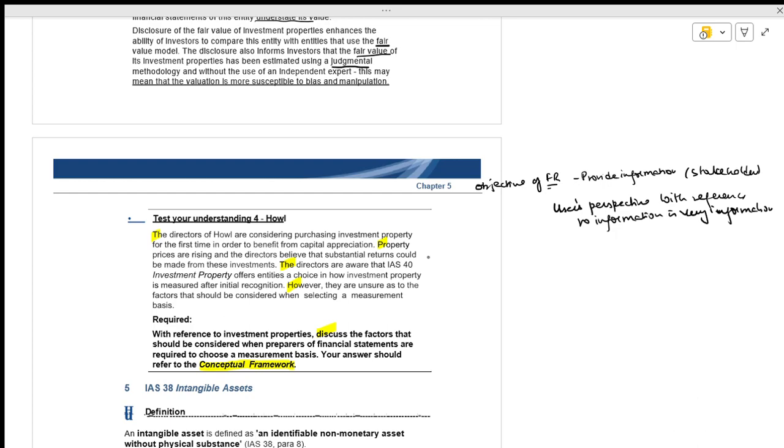Next, when you are doing this, what are the factors to consider? Here, which factors do you have to take? We have to take qualitative factors. This type of question they will ask for 3 marks.